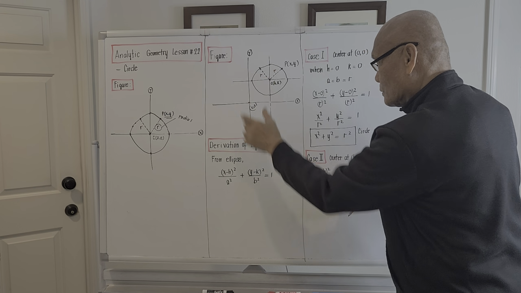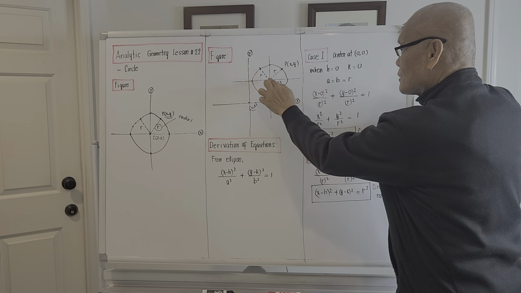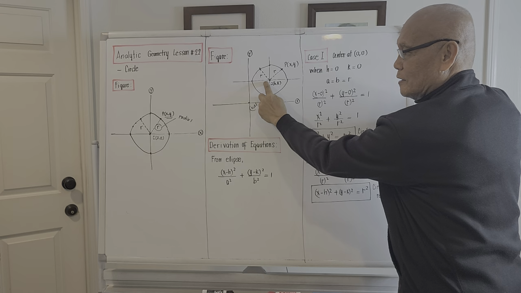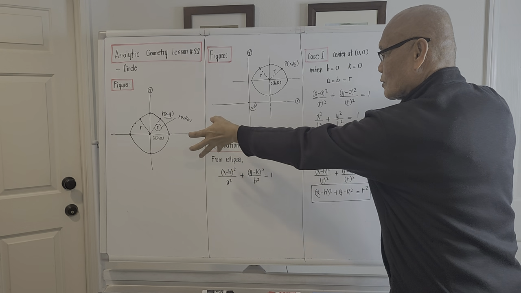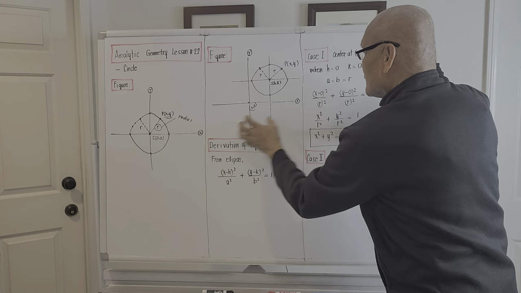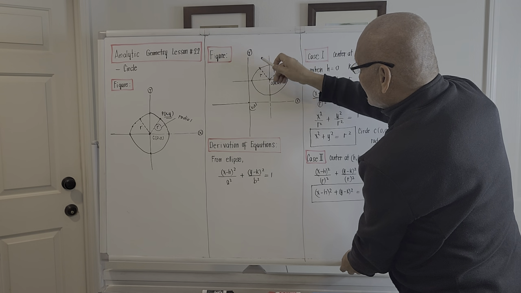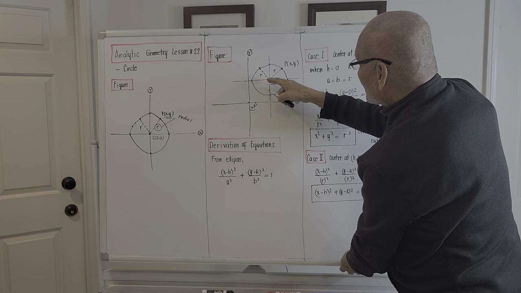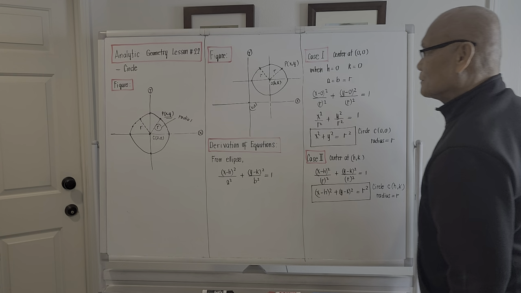So for case number 2, the center of the circle is at h, k. It is not at 0, 0. Still, the definition holds true for both cases. At any point along the path, the distance of that point from the center of the circle is always r. That's the definition of a circle.